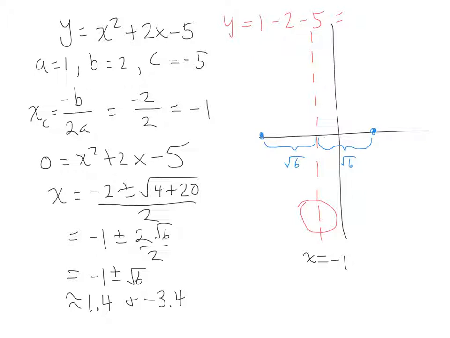That gets us y at the vertex, so we'll call it y sub v. And of course this is x sub c, which we could also call x sub v for vertex, but it's x sub c, our center line. We're going to get y sub v is 1 minus 2 is -1, minus 5 is -6.